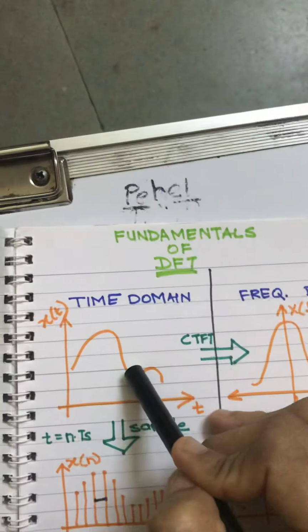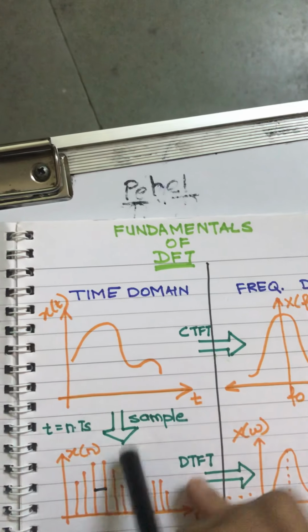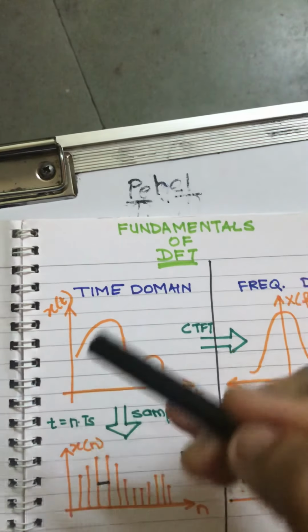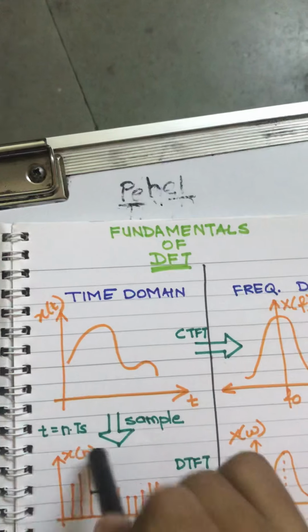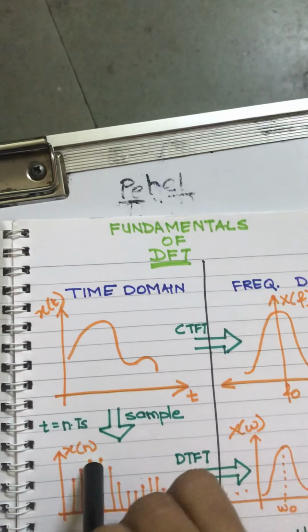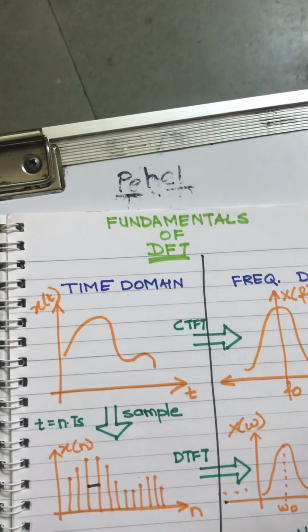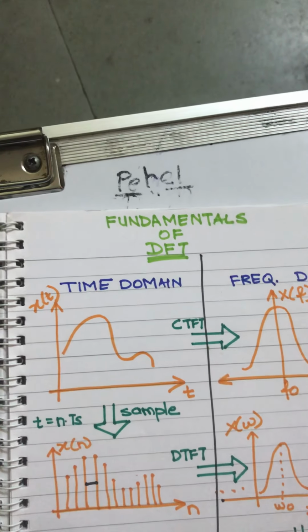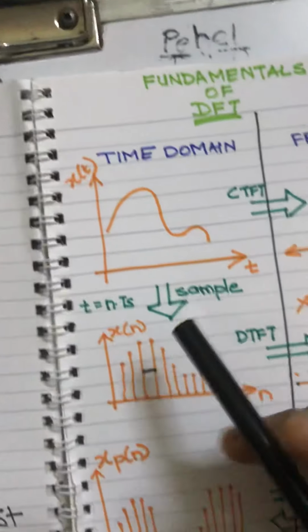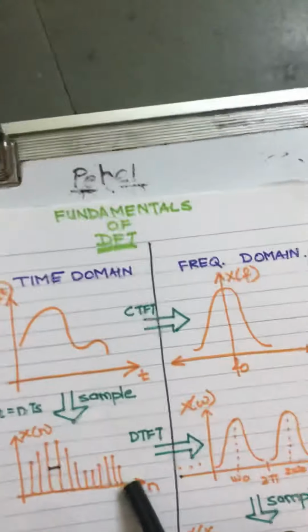Then this signal we discretize. We sample the signal. Why do we need to discretize? So that it is easier to process, transmit and store the signal. So we sample it using the normal sampling theorem. We decide the sampling frequency and we sample the signal. This is how my signal will look.